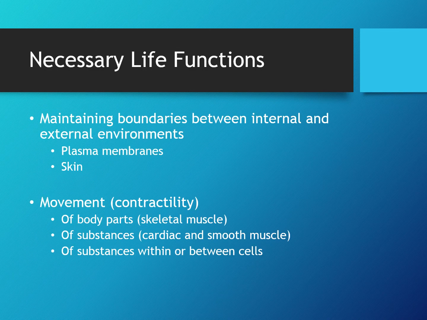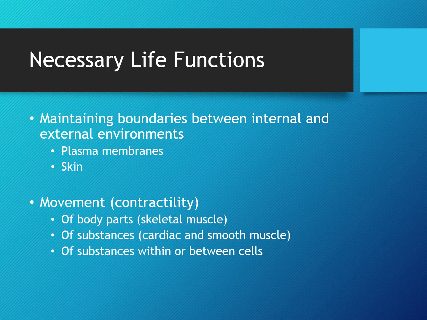So, one essential function for all human beings is to separate the internal environments of our body and cells from the external environment that surrounds us. We do this through plasma membranes around our cells and through our skin. A lot of the chemical reactions that keep us alive depend upon specific concentrations of molecules and minerals.